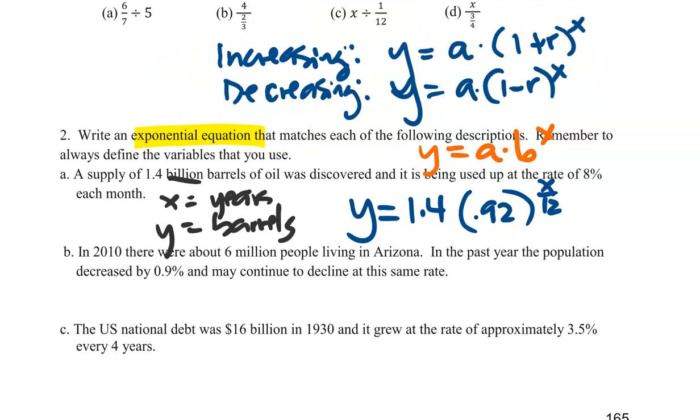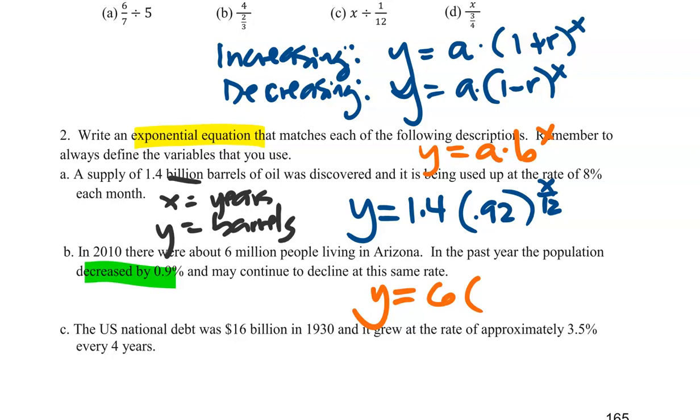Letter B, in 2010, there were about 6 million people living in Arizona. In the past year, the population decreased by 0.9% and may continue to decline at this same rate. So to write the equation for this, it's going to be y is equal to, we started with 6 million in 2010, so 6, and it's a decrease by 0.9%.